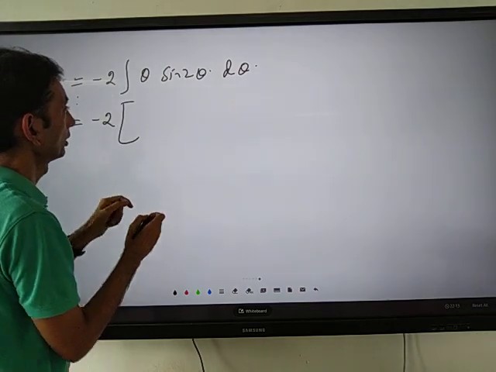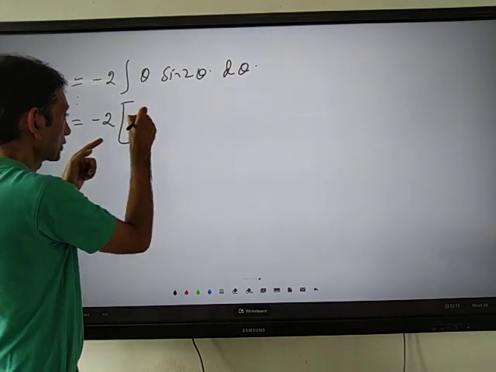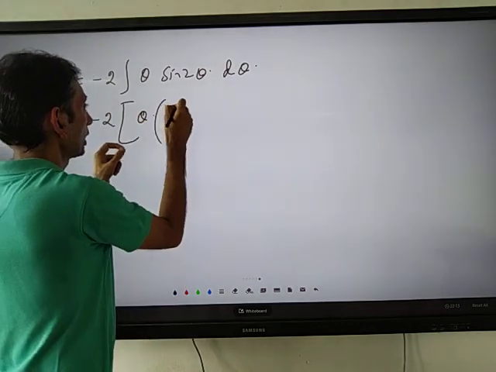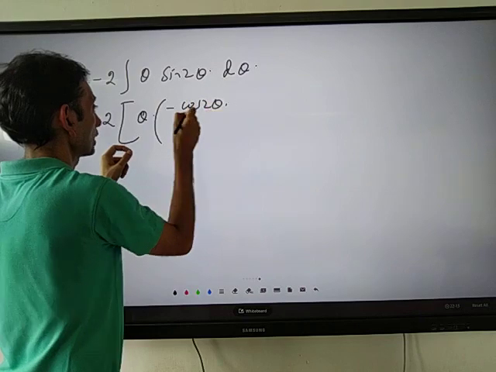We'll take theta as the first function, and integrate sin 2 theta. If we integrate sin 2 theta, it will be minus cos 2 theta by 2.